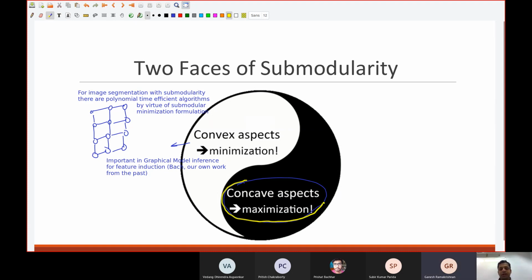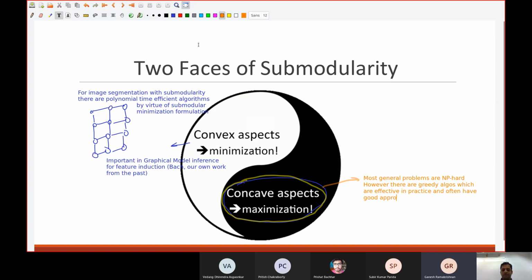For maximization, unfortunately, many of the problems are NP hard. Generally, the problems are NP hard. However, there are greedy algorithms which are very effective in practice and often have good approximation guarantees.